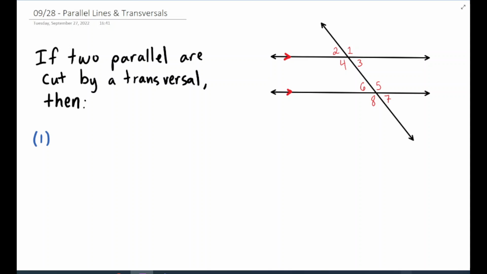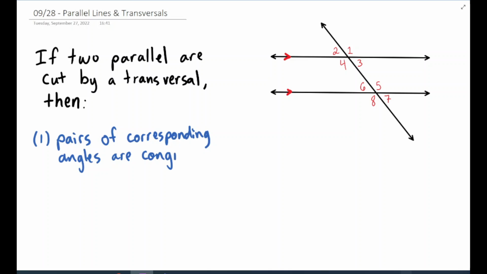if two parallel lines are cut by a transversal, then pairs of corresponding angles are congruent. Now remember, corresponding angles are angles that share the same position.